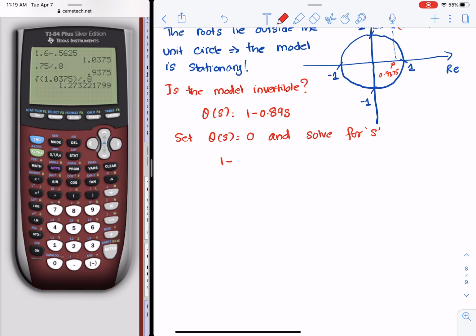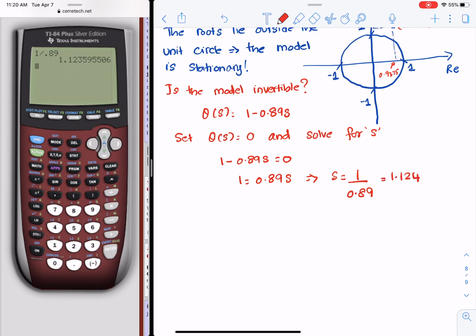So 1 minus 0.89s would equal 0. 1 would equal 0.89s, which would imply s is equal to 1 over 0.89, which would give us 1.124.